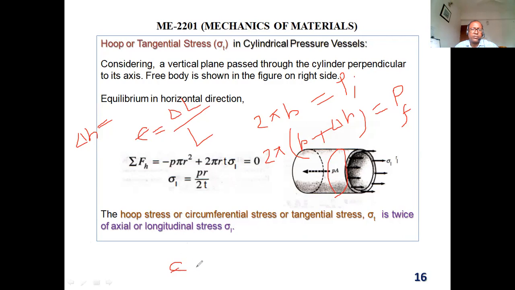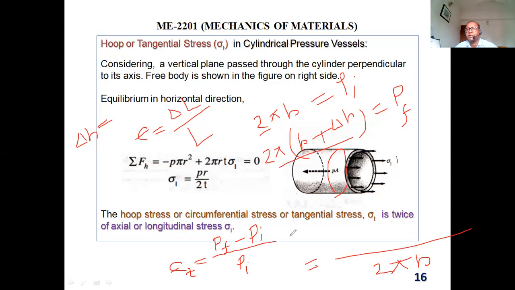So epsilon T. Why do I put T? Along the tangential direction, the peripheral length increases. So how much length increases? You can figure out PF minus PI divided by the initial length. Your initial length was 2 pi r. And you subtract this one and this one, you get PF minus PI. So easy, put it over here, right?